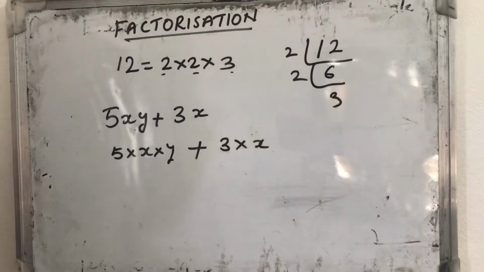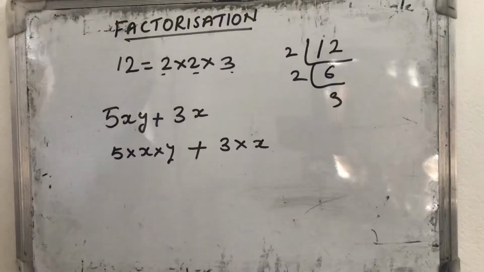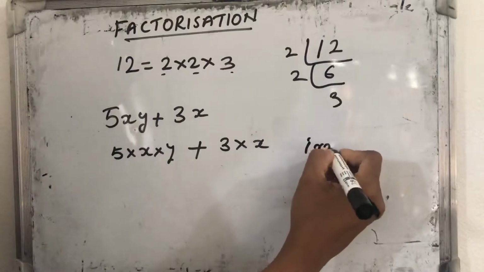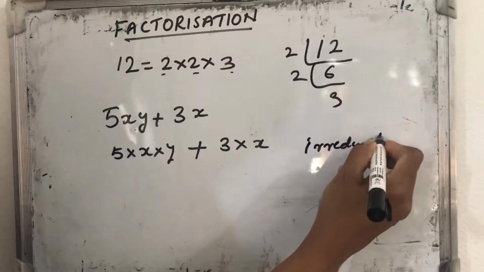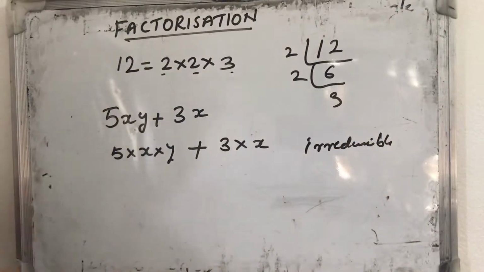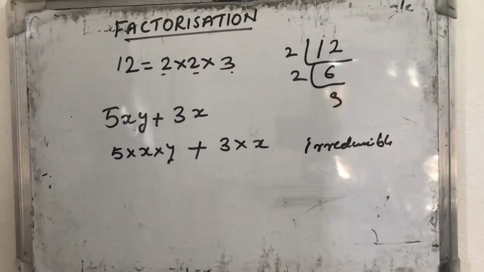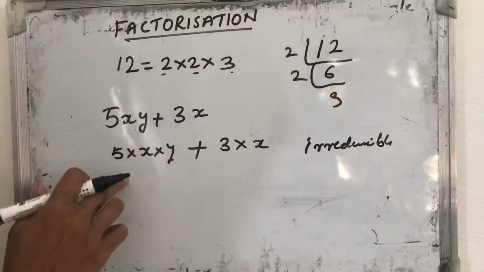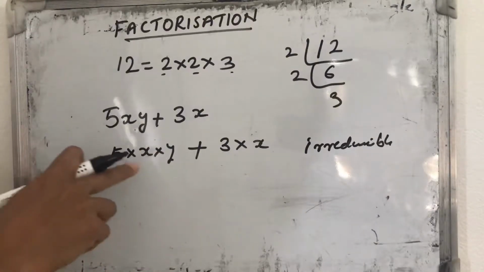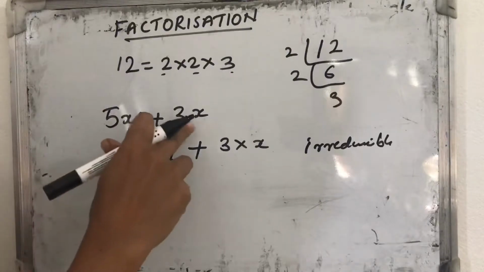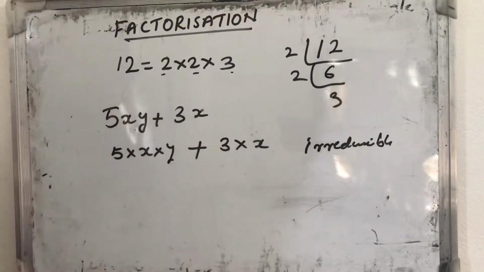In the case of algebraic expressions, instead of prime factors we use the term irreducible factors, that is, factors we cannot factorize further. In this case, 5, x and y, and 3 and x, are called irreducible factors of the given expression 5xy plus 3x.